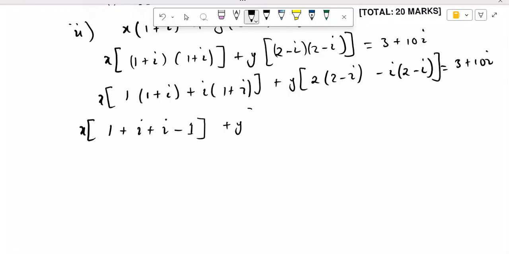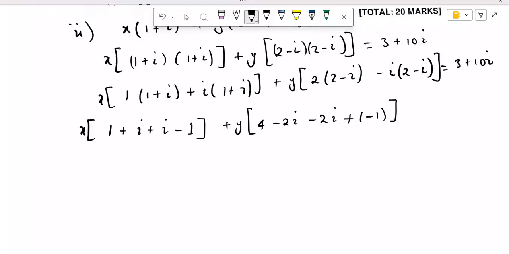Plus y, then you have 2 by 2, which is 4, minus 2 by i, negative 2i, minus i by 2, you have 2i, negative by negative, positive, i by i, i squared, is negative 1.